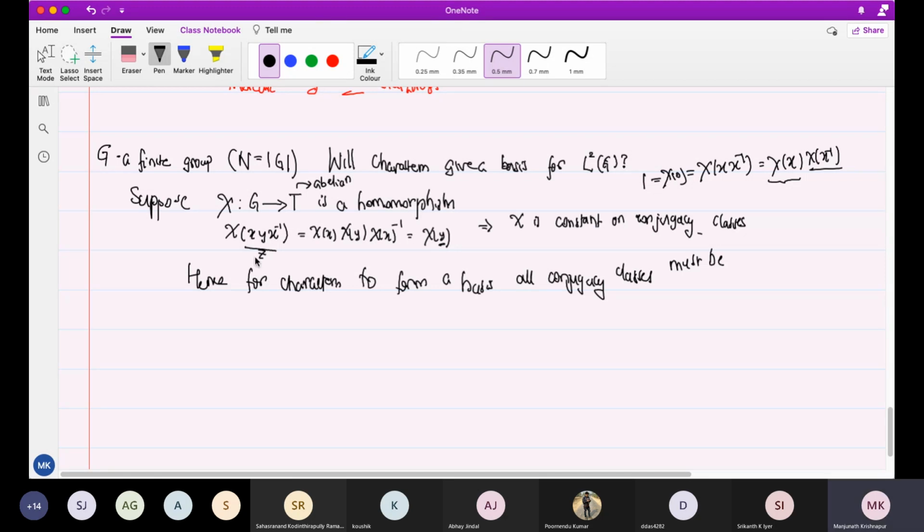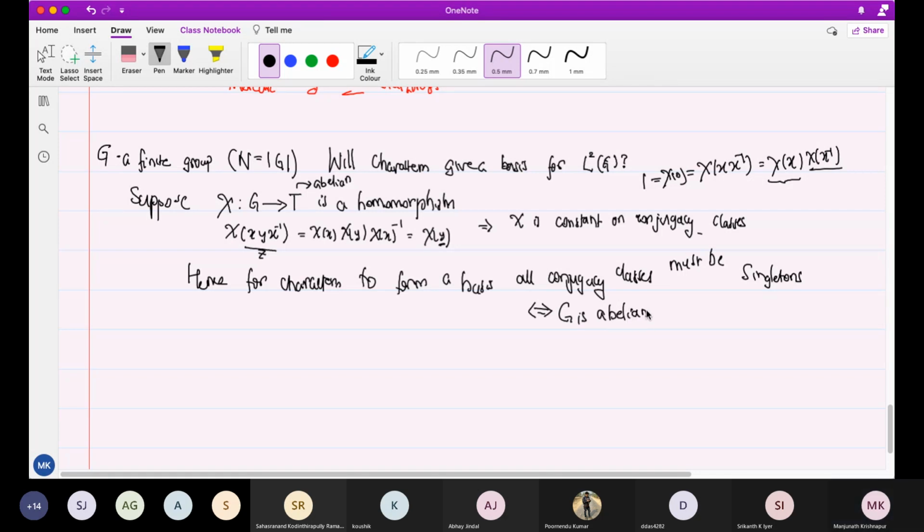Such a function cannot be written as a linear combination of characters, since characters give the same value at both points. Therefore, for characters to give a basis, all conjugacy classes must be singletons, which is the same as G is abelian.